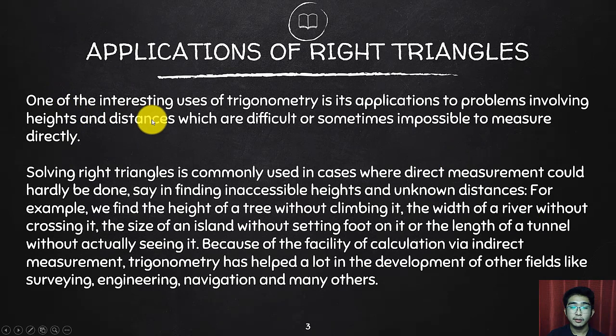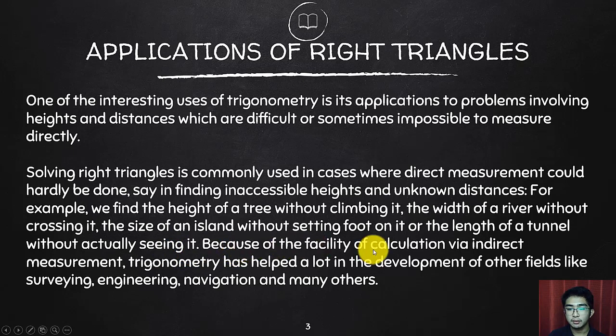Now, one of the interesting uses of trigonometry is its application to problems involving heights and distances which are difficult or sometimes impossible to measure directly. Solving right triangles is commonly used where direct measurement could hardly be done, say in finding inaccessible heights and unknown distances. For example, we find the height of a tree without climbing it, the width of a river without crossing it, the size of an island without setting foot on it, or the length of a tunnel without actually seeing it.